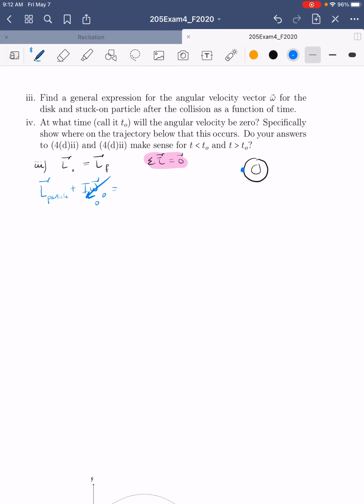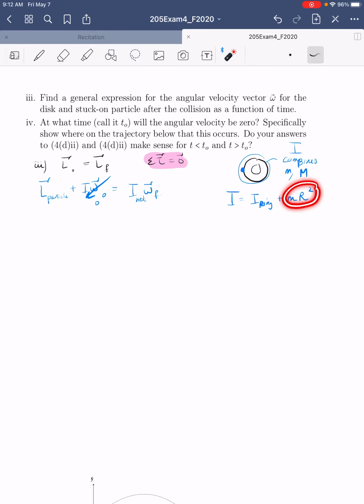And then after the collision, it sticks together as a single rotating rigid body. So I can write it like this, where this is I net, and I net is the combined moment of inertia for M and M. So we'll come back to that. Oh, actually we won't. It will be what we found earlier, which was I of the thick ring, plus mr squared.